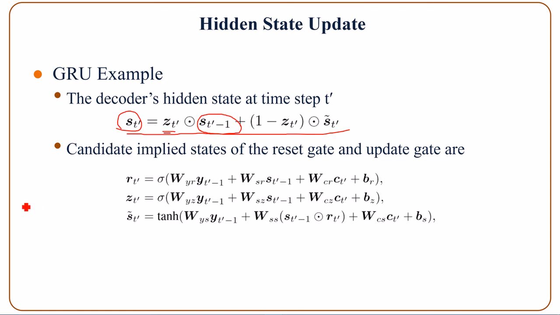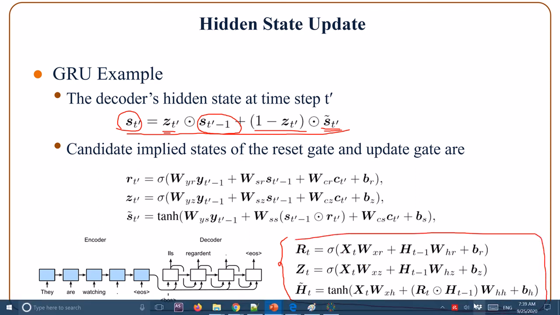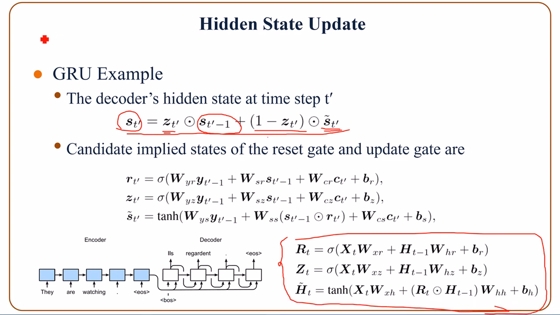The update gate z at time t prime decides that, and this is a candidate hidden state at time step t prime, and how much of it contributes is decided by 1 minus the value of the update gate. Here I bring up the equations of the gated recurrent unit, so you can keep a look when you are reading this page. We could see a lot of similarity between the two.